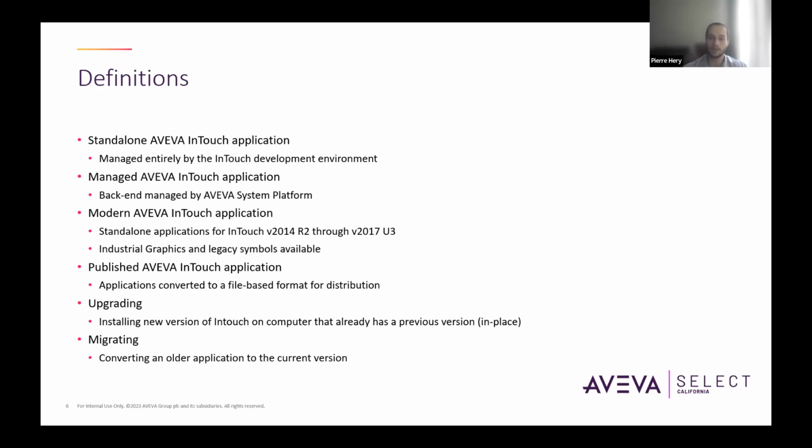This is what we call an in-place upgrade. Migrating, on the other hand, refers to converting applications created with older versions of InTouch to the current version. Again, I might use them a little interchangeably here because I'm referring to going from an old version of InTouch to a new version, whether that's an in-place upgrade or a migration. But there is a technical difference in their definitions.